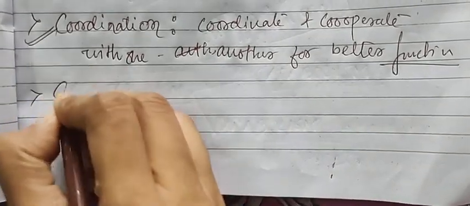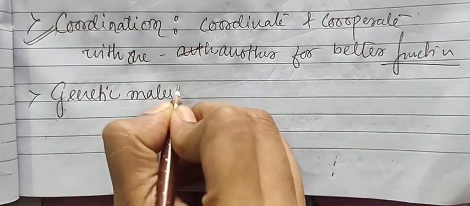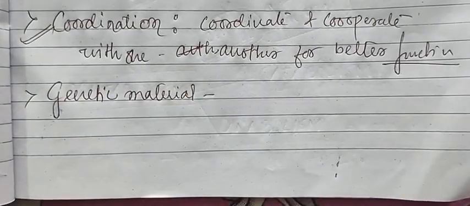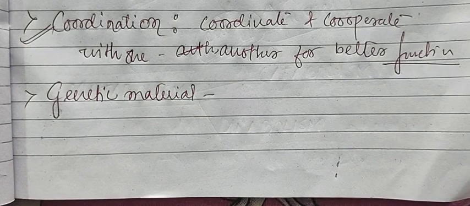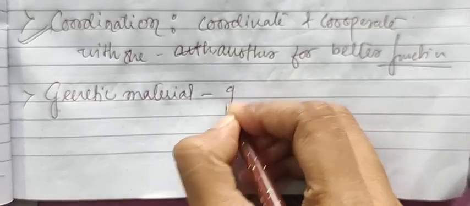The next one is genetic material. What is the meaning of it? Genetic material is also present only in living beings. All living organisms, plant, animal, bacteria, virus, protozoa, different kinds of microorganisms, bear genetic or hereditary material.